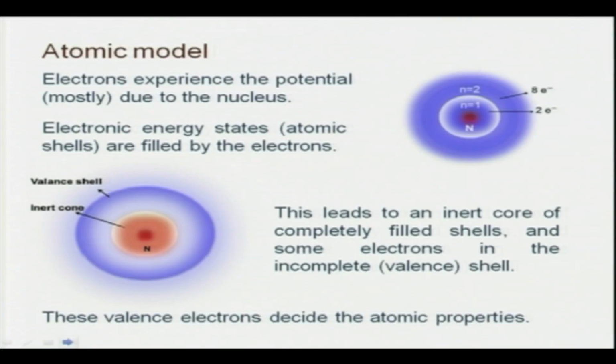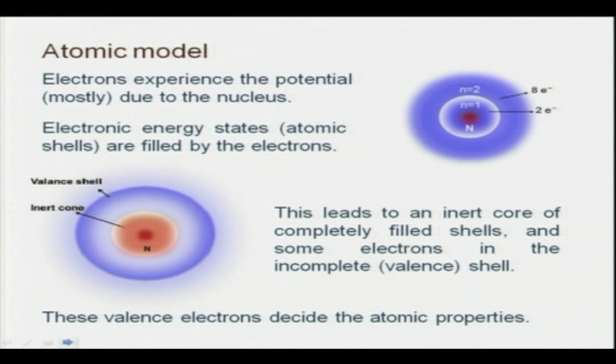So, together n equal to 1 and 2 can accommodate 10 electrons, and n equal to 3 can accommodate 18 electrons, etc. So, if we are considering an atom with 2 electrons, helium, then we put the 2 electrons in n equal to 1, and no other shells are filled.